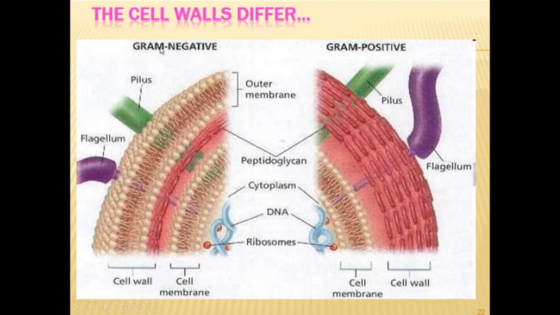Exactly opposite of that, gram negative bacteria contain high lipid, because gram positive and gram negative are totally based on the cell wall composition. So gram negative bacteria contain the high lipid.